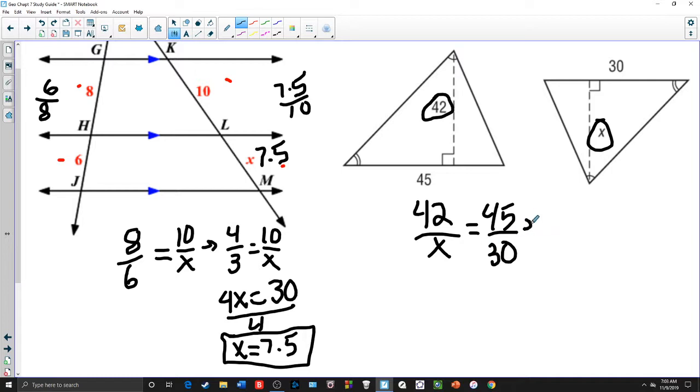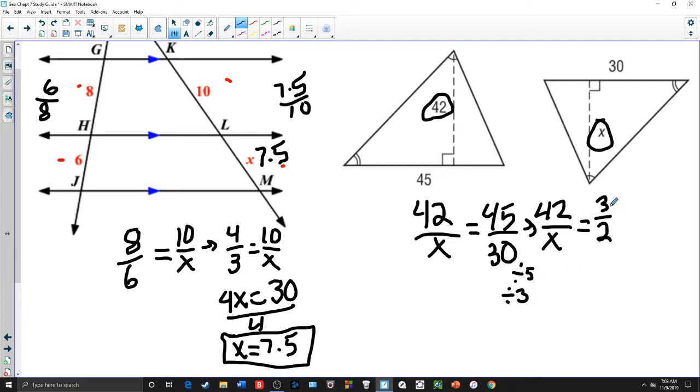So once again, these are big numbers, so I would simplify them down. So 42 over x is equal to, and then I divide these both by 5, we get 9 over 6, and then I can divide them by 3, so we end up with 3 over 2. So I divided this by 5, and then divided it by 3, and this one I divided by 5 and divided by 3.